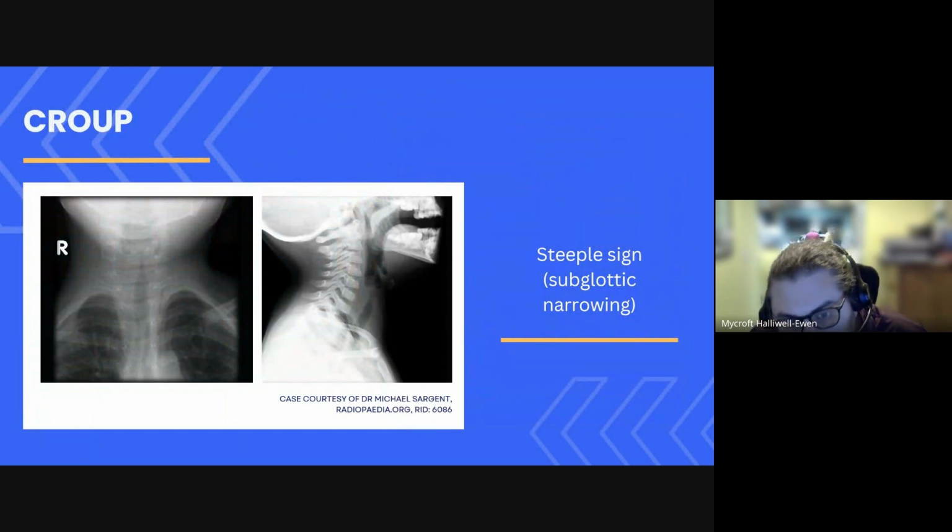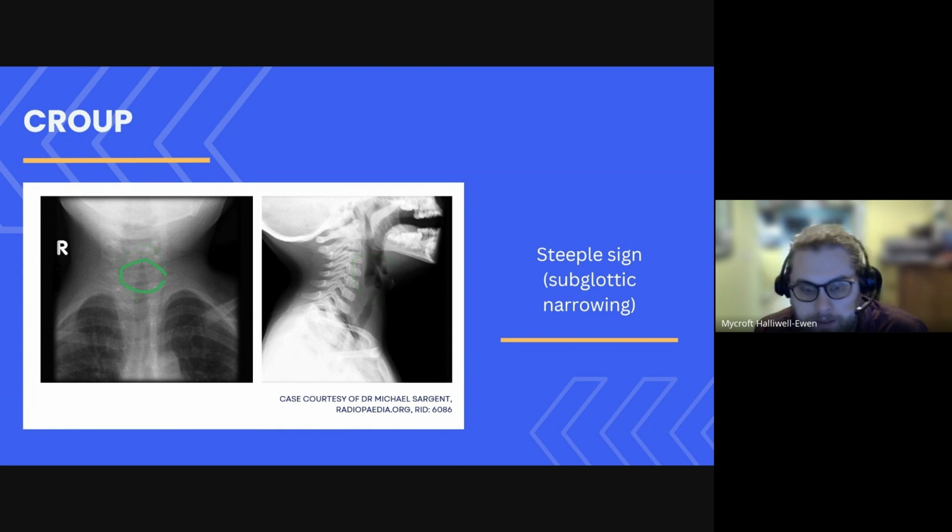Yeah, here we are. So again, another pediatric case. We tend to diagnose croup with a characteristic croupy cough, but you can just about see this so-called steeple sign here. Much easier to see anteriorly. You can see the airway narrowing here, but you can just about see it here.